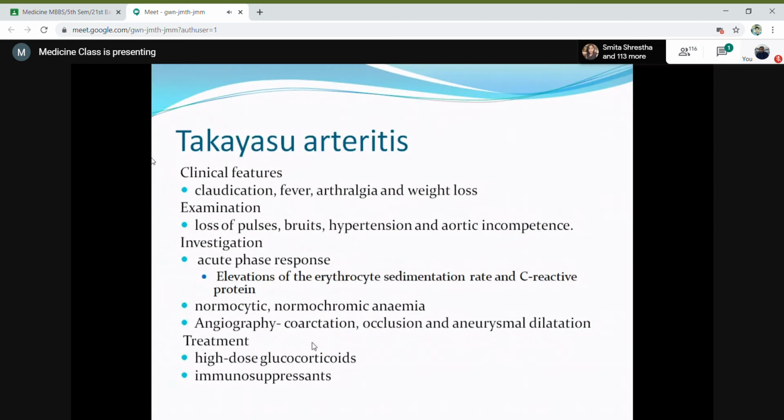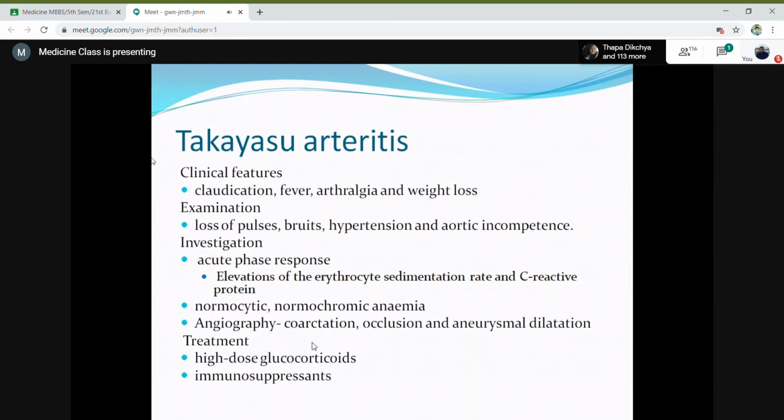In a patient who has Takayasu's arteritis, what are the clinical features? Most patients give a history of claudication, fever, arthralgia, and weight loss. On examination, there can be loss of pulses, bruits, hypertension, and aortic regurgitation. On investigation, there may be a rise in acute phase responses, elevation of ESR and C-reactive protein, and some patients may also have normocytic normochromic anemia.